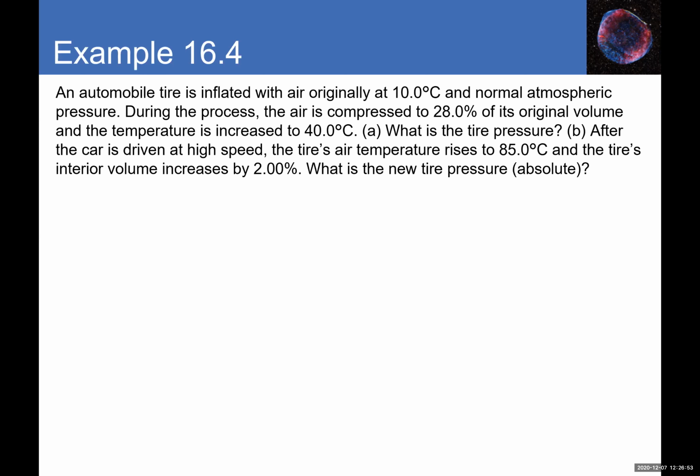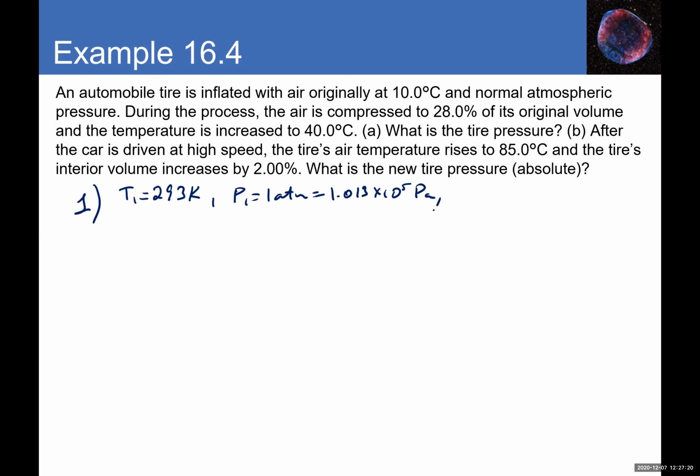So let's start by defining our parameters for the first state. For the first state, we're given the temperature T1 is 10 degrees Celsius, which is 283 Kelvin. We're given normal atmospheric pressure, which means pressure P1 is 1 atm, or 1.013 times 10 to the 5 Pascal.